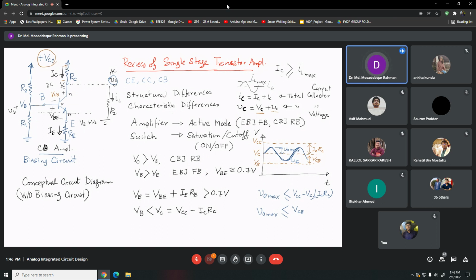So the voltage drop that you need here should be large enough to support the maximum value of your output voltage.